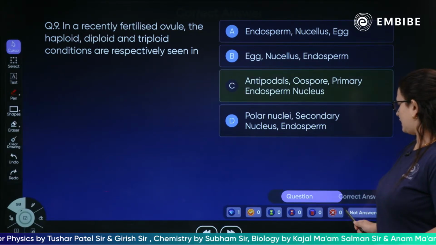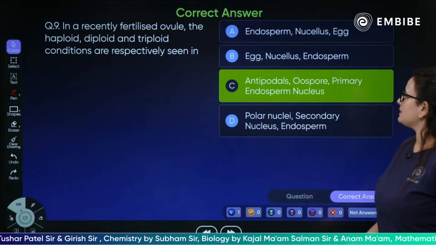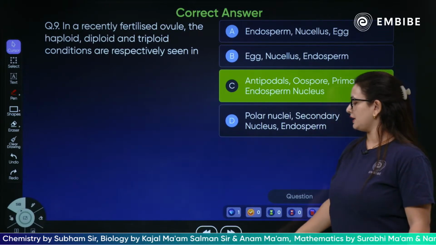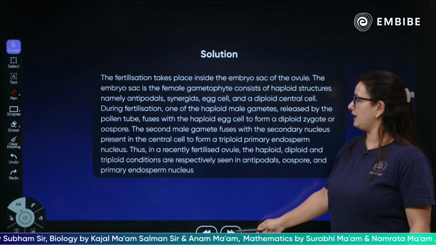The condition would be the antipodals, oospore, primary endosperm nucleus: haploid, diploid and triploid respectively.